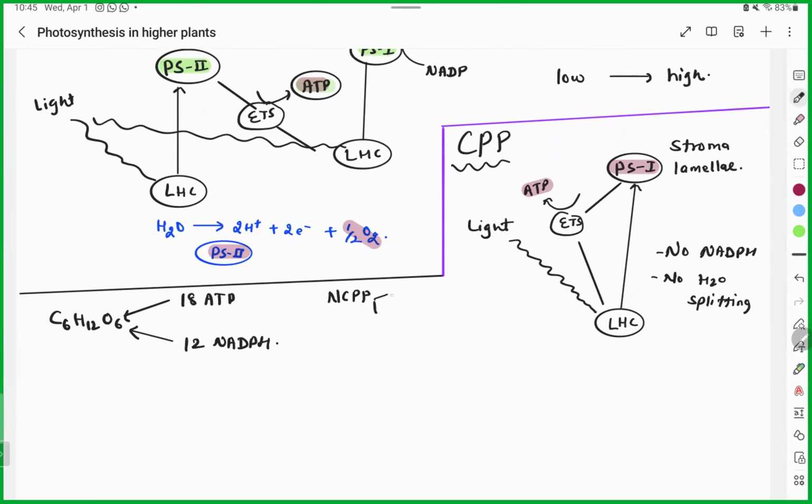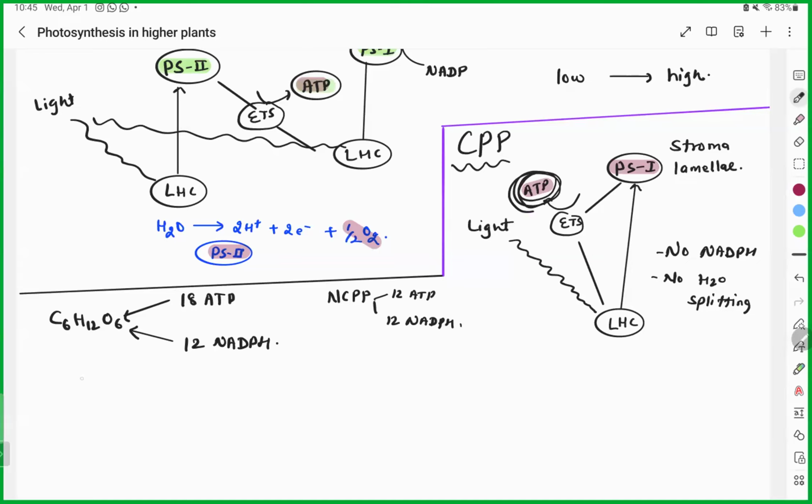So 12 ATP and 12 NADPH will be produced. Make sense? From where will we get the remaining 6 ATP? Cyclic. This one, cyclic. Correct?